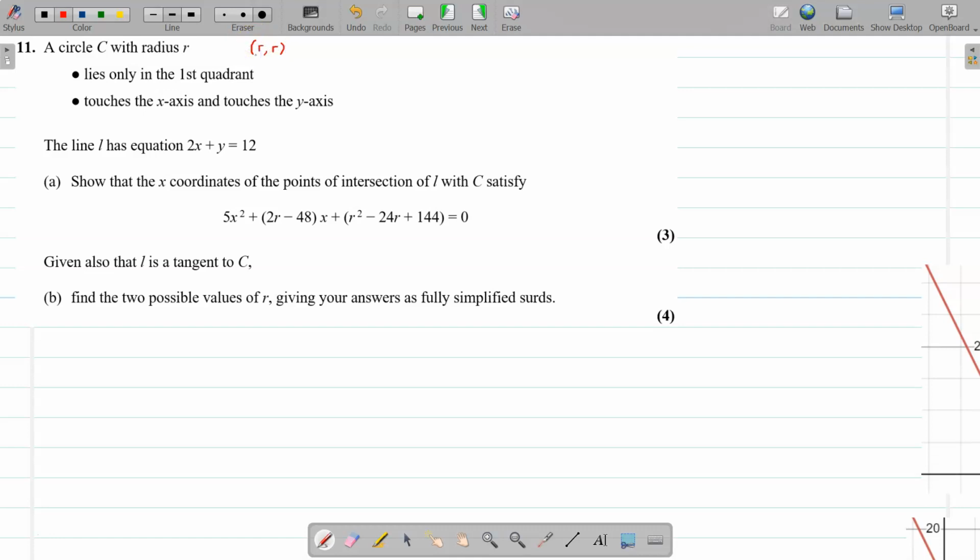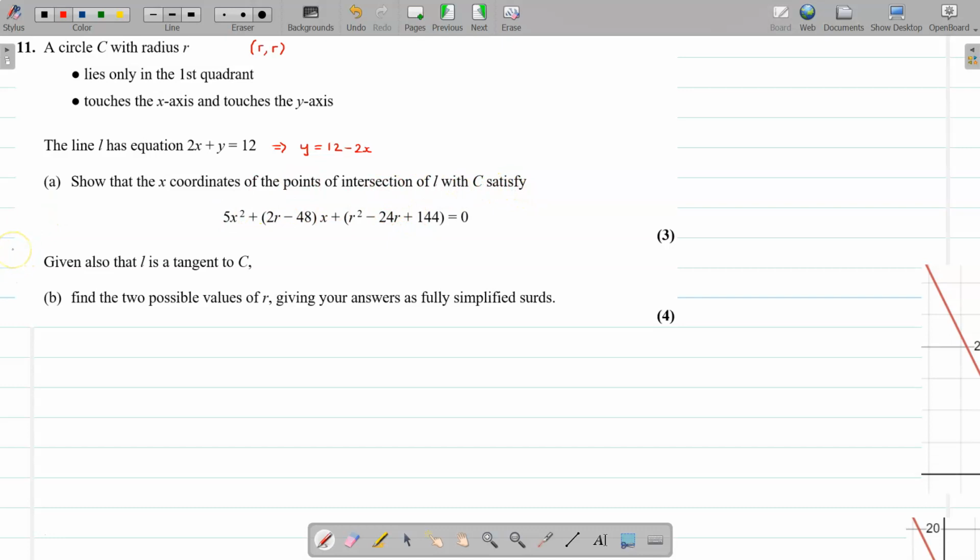Okay, and we also have this line L with equation 2x plus y equals 12, which we're going to rearrange to tell us that y is 12 minus 2x. And what we've got to do first is show that the x-coordinates of the points of intersection of L with C satisfy this equation.